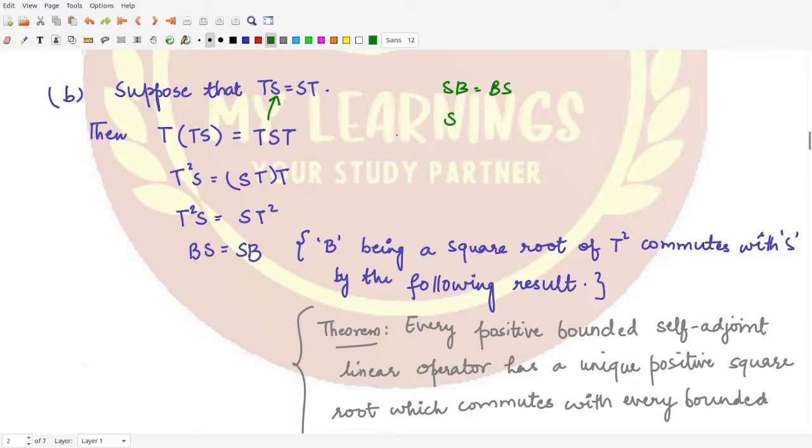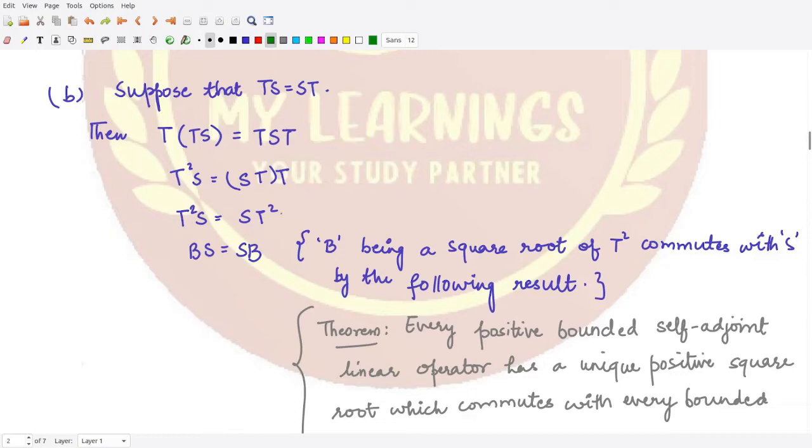For that we consider T squared S. When we write it without brackets, it would be TTS. On the left hand side this would become T square S. And we could commute this, because by the property of commutativity, TS is equal to ST. So we could open up the brackets, and this would then become S T square.